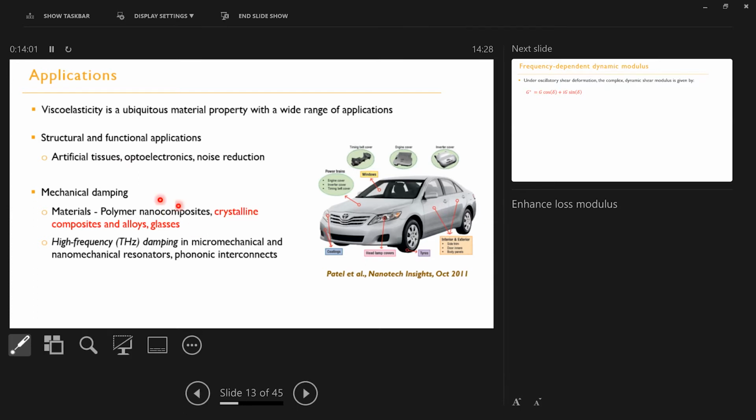And here we are talking about materials typically like crystalline composites, alloys and glasses. These are materials which have favorable properties. I'll explain more as we go along.